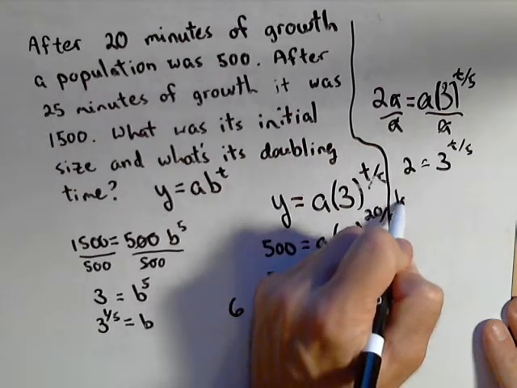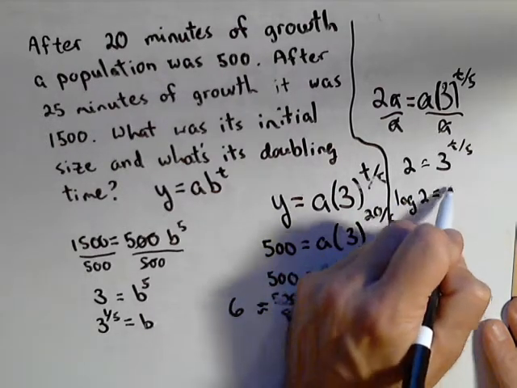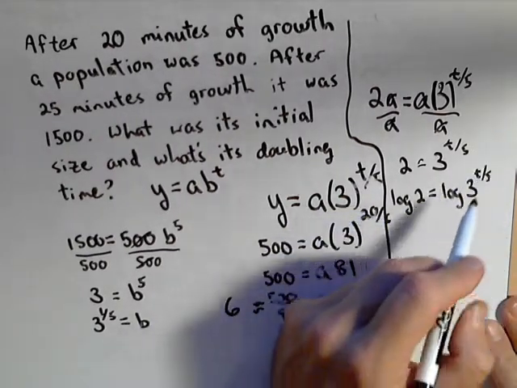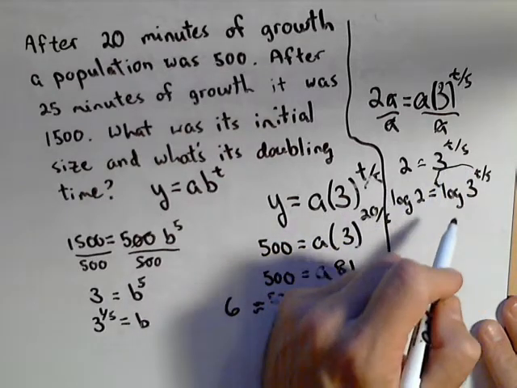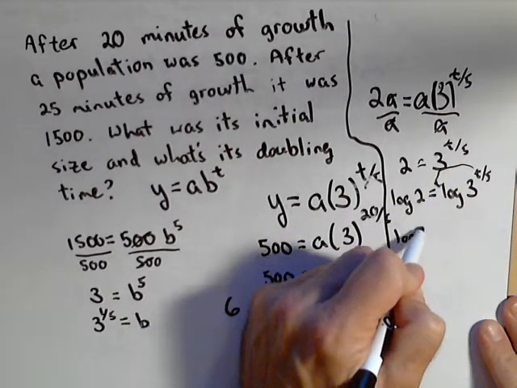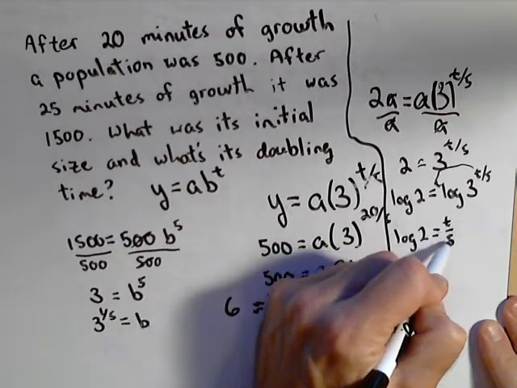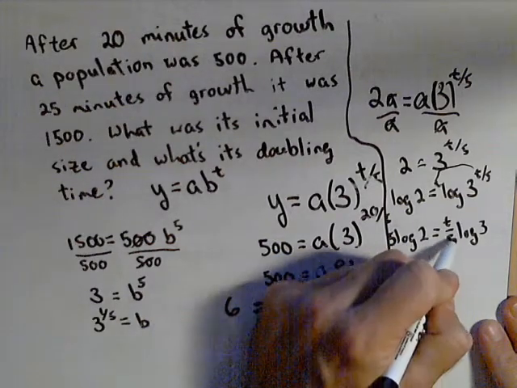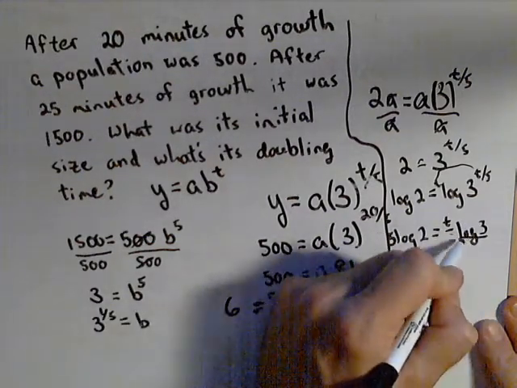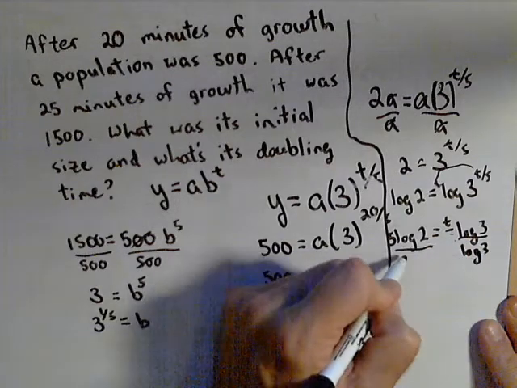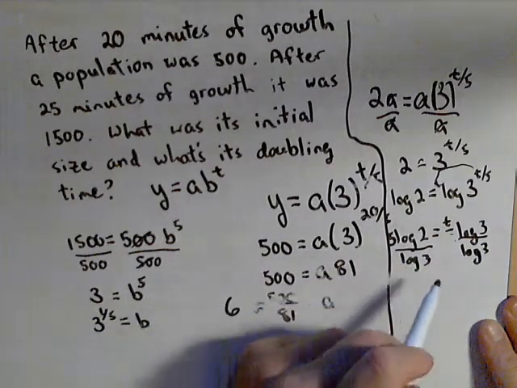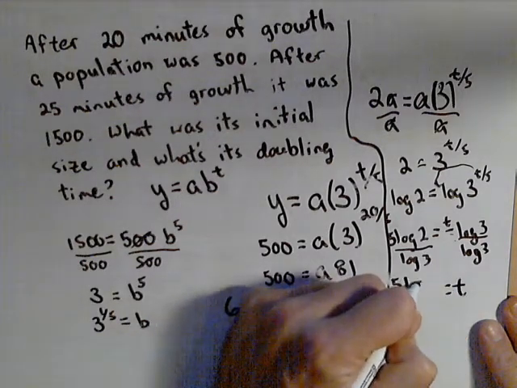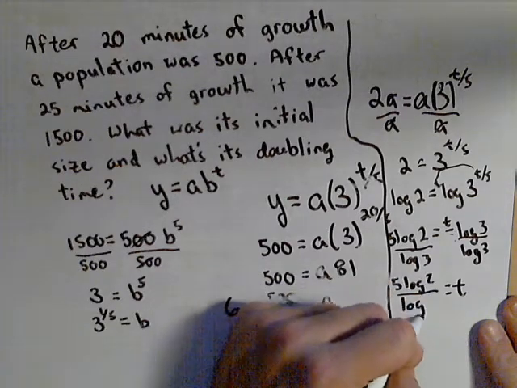So now we'll take log or natural log of both sides. So log of 2 equals log of 3 to the t over 5, which allows us to pull that exponent out front. So we have log of 2 equals t over 5 log of 3. Multiply both sides by 5, so that gets a 5 over there, and divide both sides by log of 3, and we get t exactly as 5 log of 2 over log of 3.